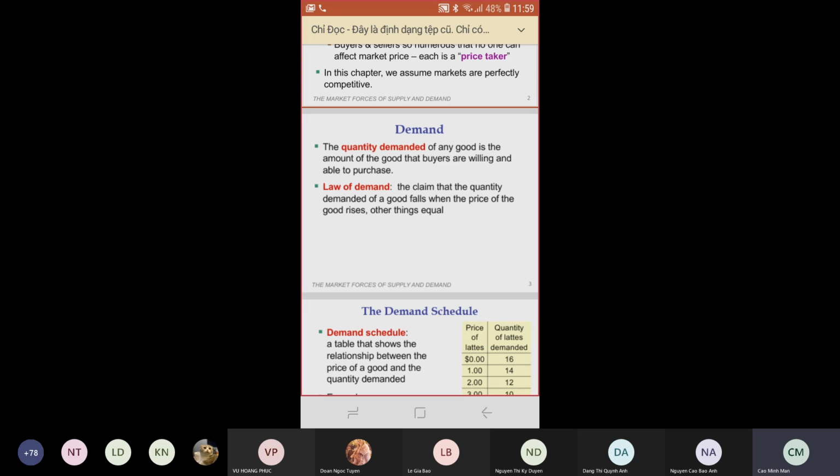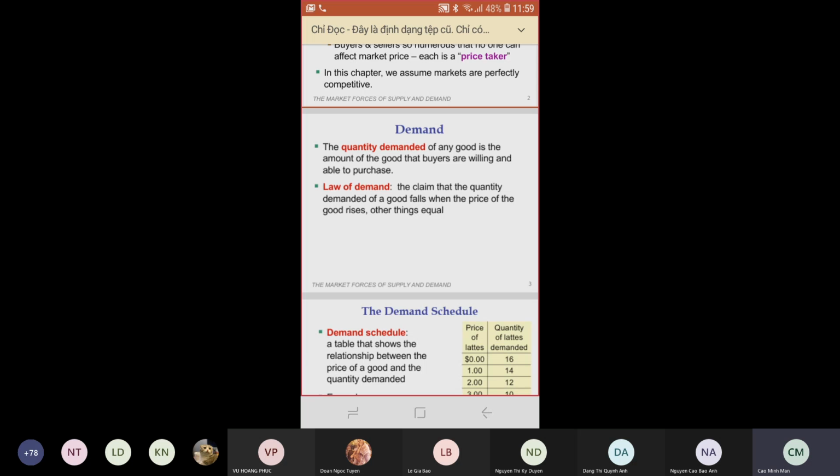Now, demand. Quantity demanded or demand. The quantity of products the buyers are willing to buy.